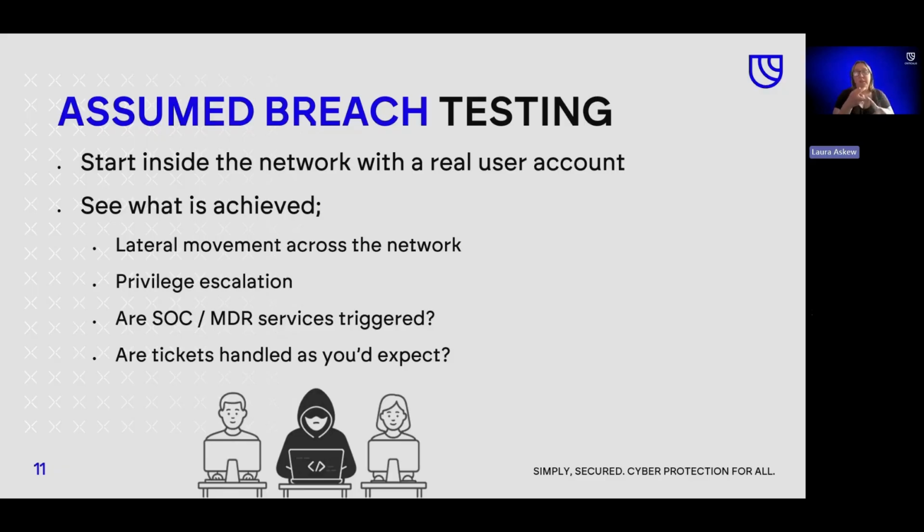Are we getting alerts to say there is activity in our network that looks like somebody's in our network? Because if you have those services and you don't, then that's a problem that you want to go and remediate. How are the tickets that are being raised being handled? Who's handling them? Is it the response we'd expect? Is it the timeline we'd expect? That's the sort of thing that we're trying to achieve with assumed breach.